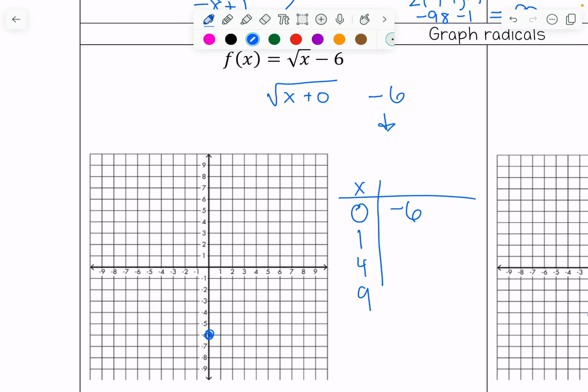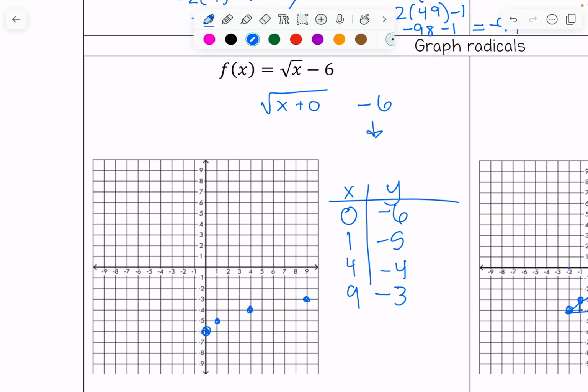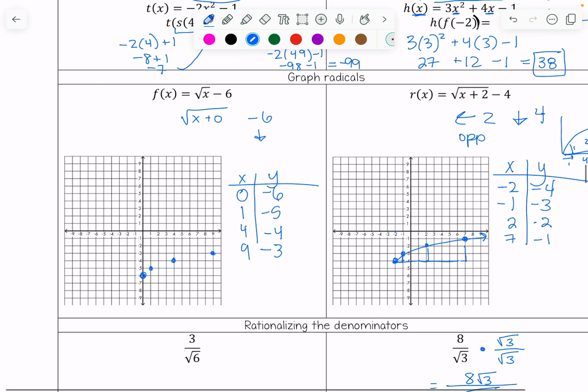So we're going to just drop that. That's going to make it negative 5. That's going to go up 2, so that's going to make it negative 4. And this one's going to go to 9 and make it negative 3. I plug those in, and that's what I find when my x is there, and my y will be that. Okay, so I'm plugging them all into the equation.